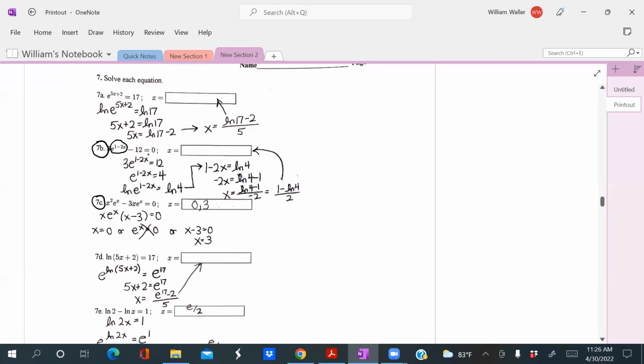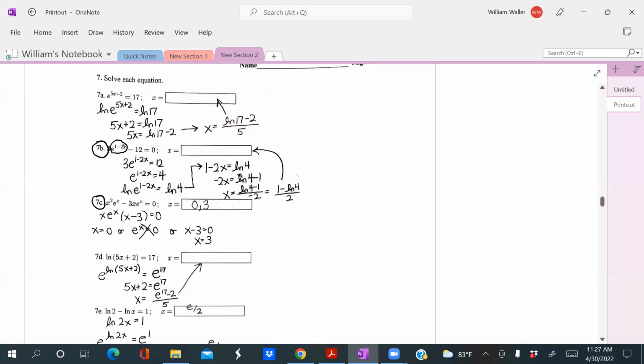All right, so how do we solve this equation for x? Remember, we're going to simplify the equation a little bit first. I want to rewrite it so that I just have e to a power on one side of the equation. I don't want the 3 or the minus 12 on the left-hand side with the e.